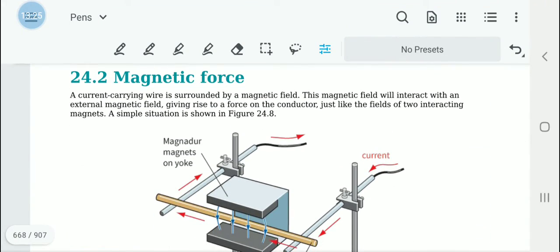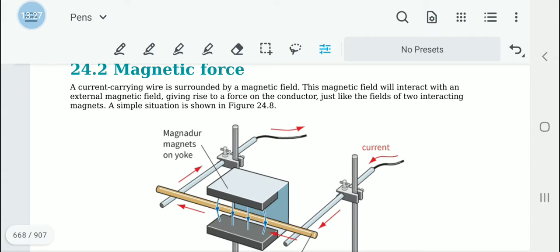magnetic force. Now we know that a current carrying wire is surrounded by a magnetic field. This magnetic field will have the ability to interact with another magnetic field. So this gives rise to a force on the conductor, just like the fields of two interacting magnets.